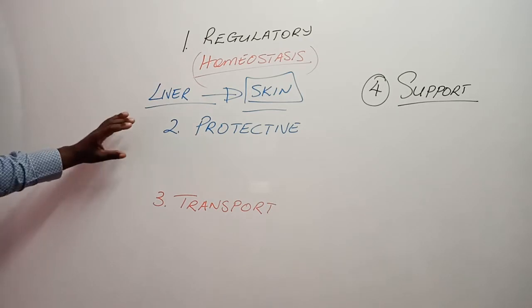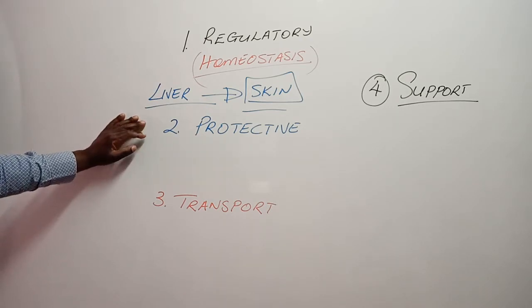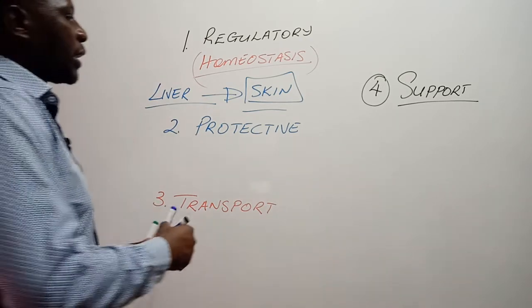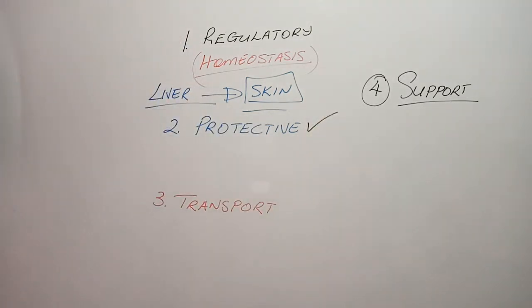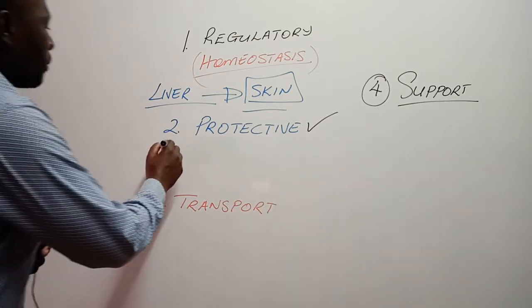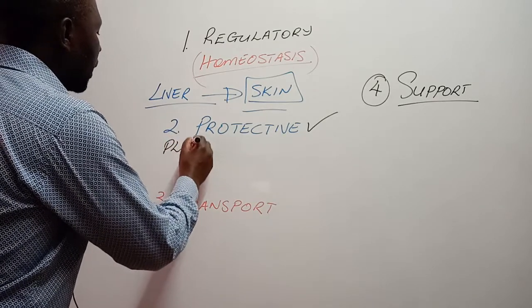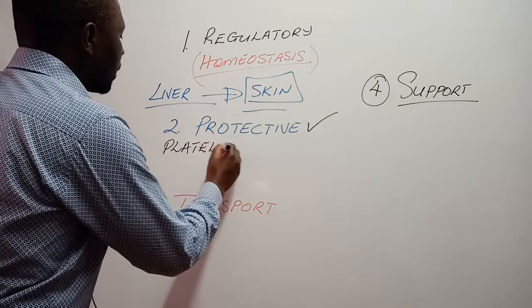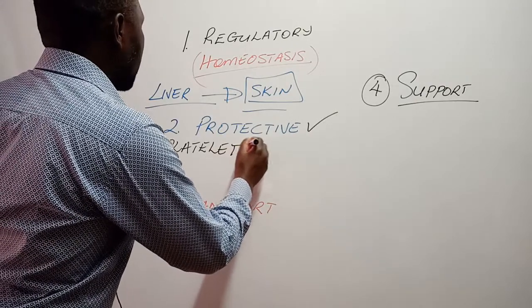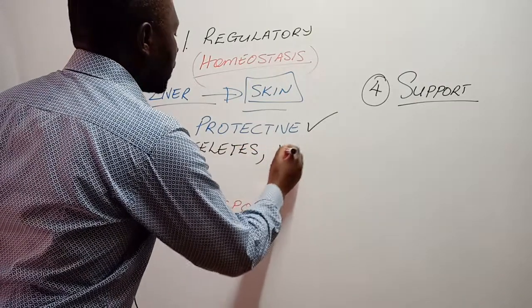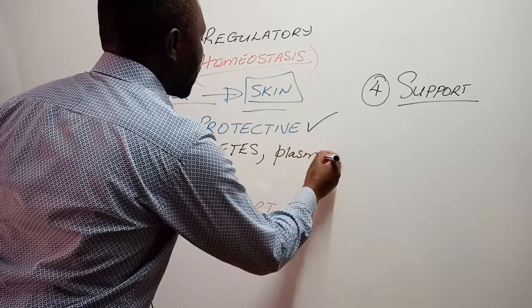And now we go to the second function of blood, which is the protective function. The protective function of blood is mostly played by platelets and plasma proteins.